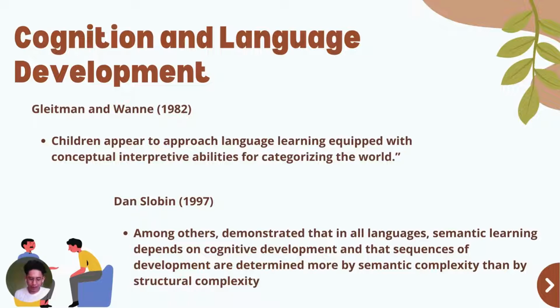They can have an idea of how to conceptualize and categorize the world. Slobin (1997), among others, demonstrated that in all languages, semantic learning depends on cognitive development and that sequences of development are determined more by semantic complexity than by structural complexity. Learning or development of a language starts simple and becomes complex, not by just imitating but by learning.